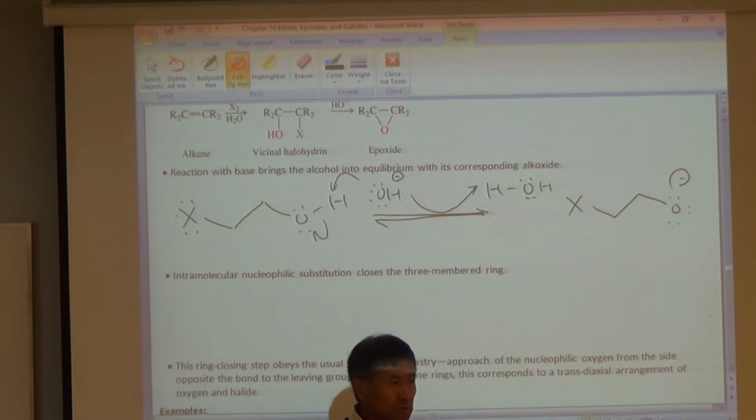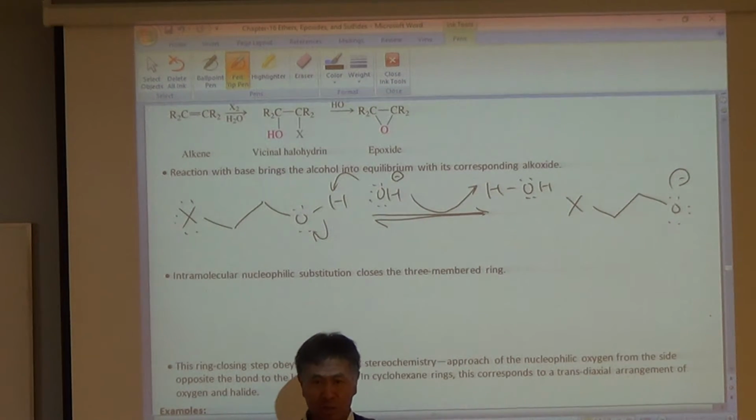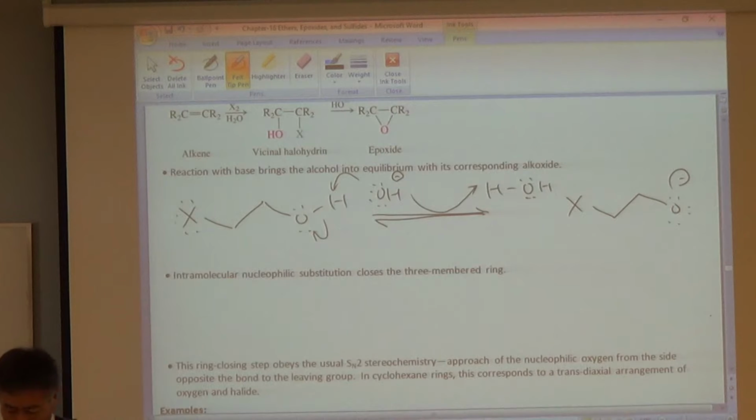Halogen is electron withdrawing, so this carbon has a positive charge and attracts nucleophiles, and becomes a good electrophile.